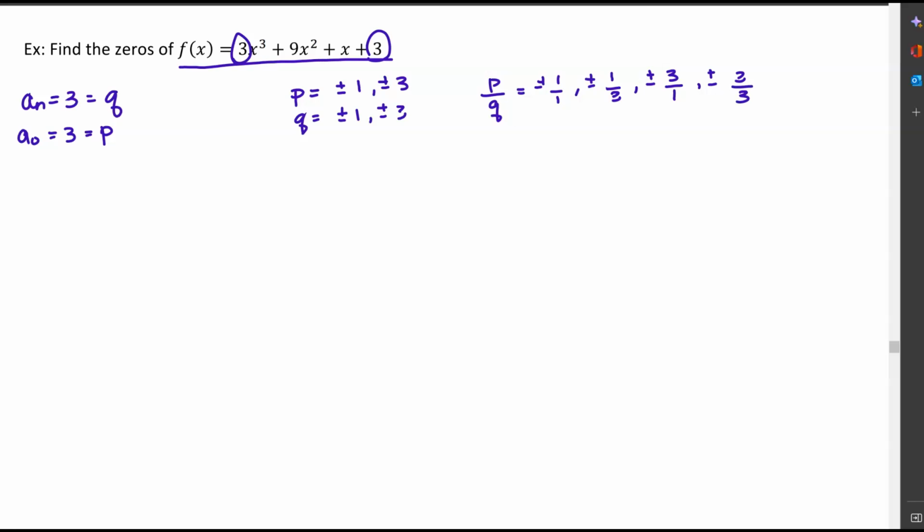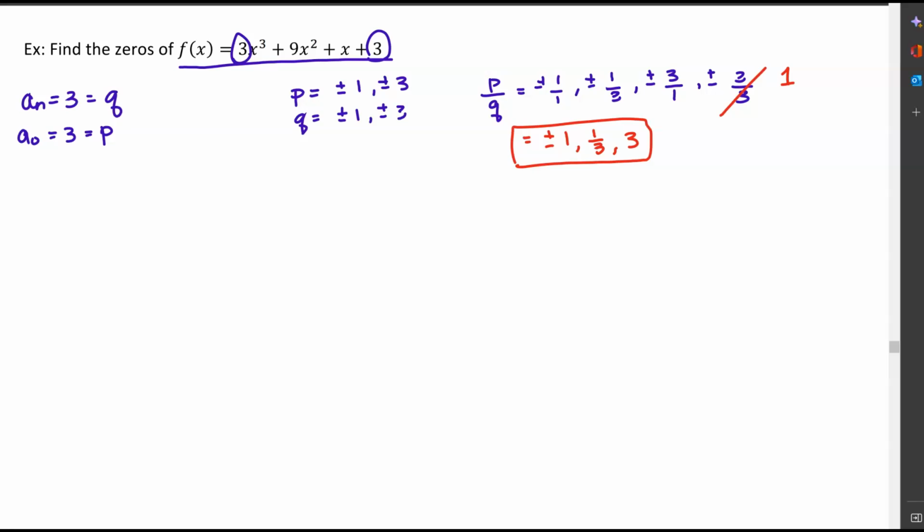Now remember that 3 over 3 is just 1, and so we really got plus or minus 1, 1/3, and 3 as our possible roots.